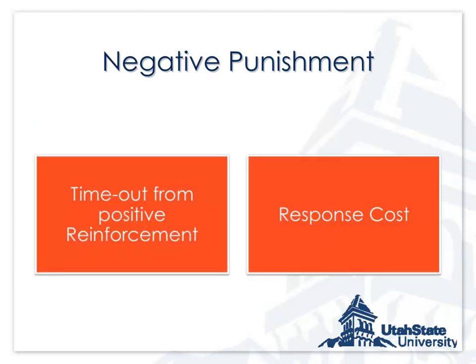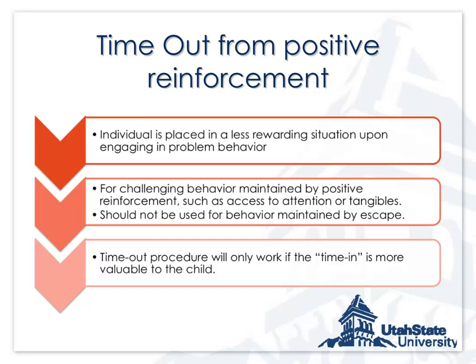Interventions based on negative punishment, which consist of removing the reinforcer upon the occurrence of a problem behavior, that will be described next are timeout from positive reinforcement and response cost. Timeout from positive reinforcement consists of placing an individual in a less rewarding situation when he or she engages in problem behavior.